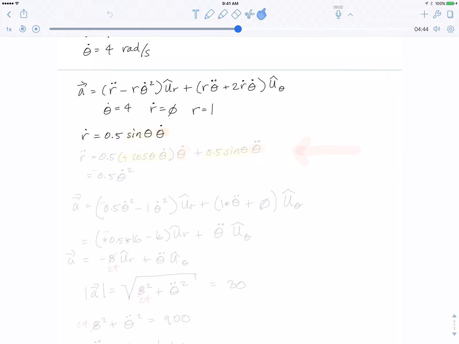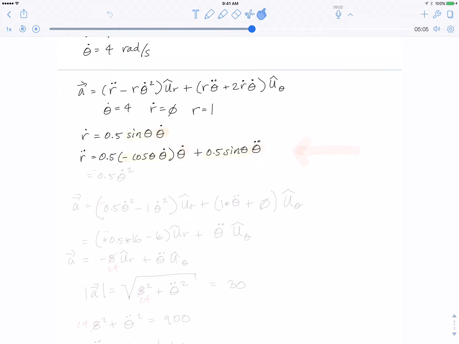So r double dot is 0.5. Derivative of sine is minus cosine. And by the chain rule, you have to throw in a theta dot times theta dot, and plus 0.5 sine theta times theta double dot.